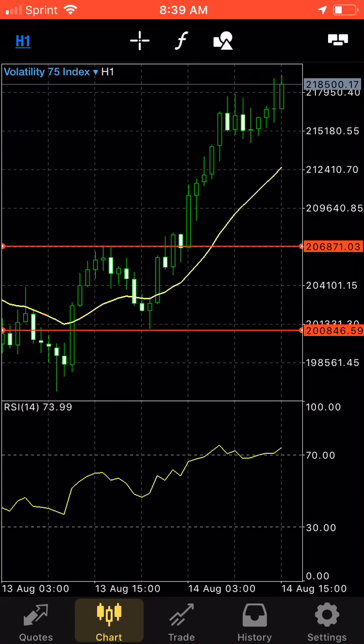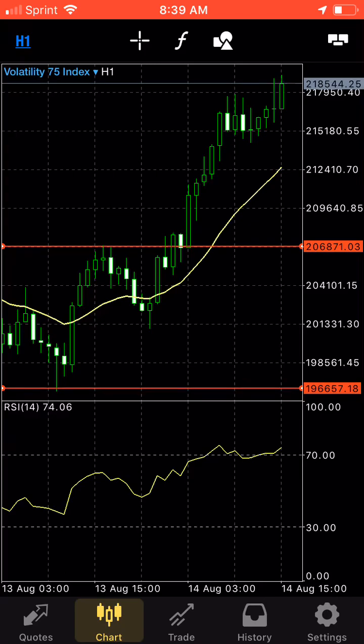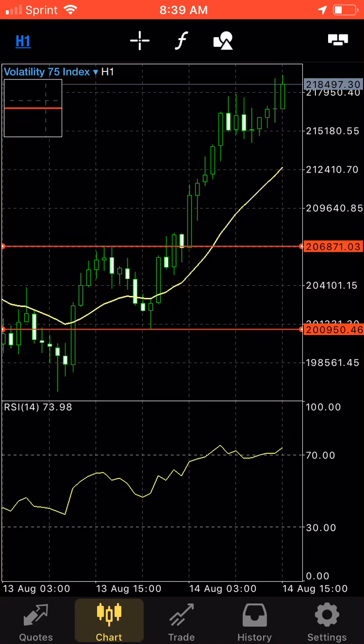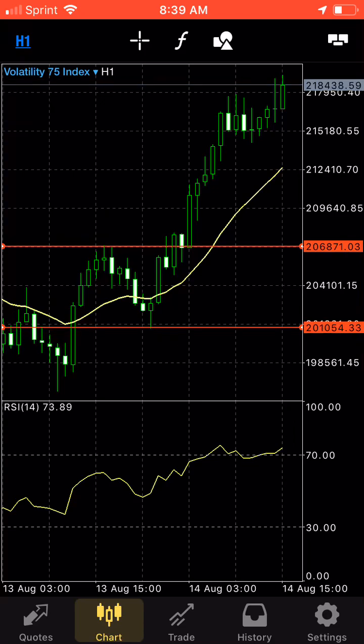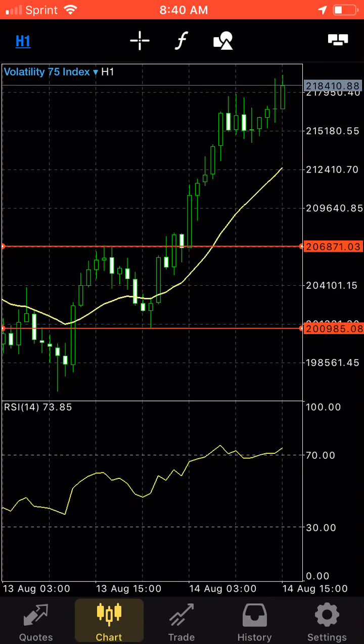But assuming you enter this trade, you have to know that your stop loss, instead of being here at 196,857.18, which should be a stop loss area for people who entered this trade earlier, being that you entered a little bit later using a breakout, you have to look at this area to act as your stop loss.